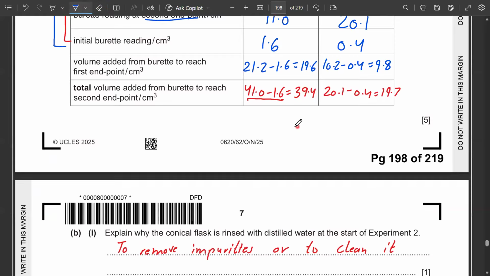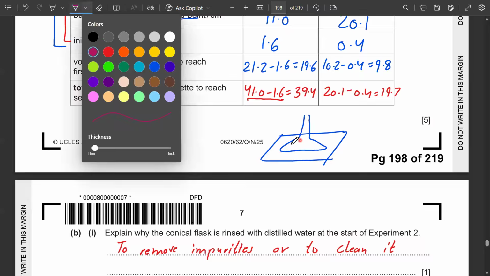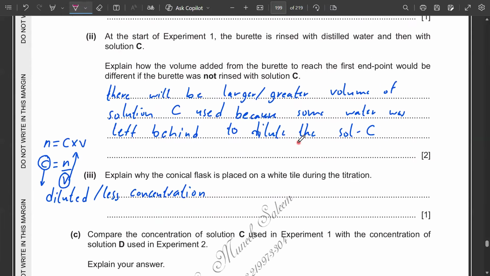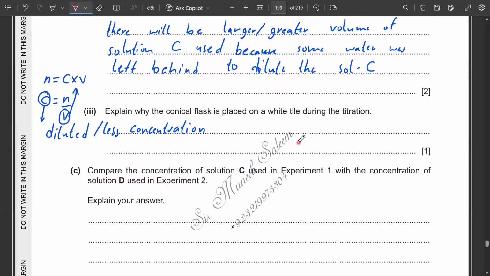If, let's suppose, this is a conical flask and it is placed on a white tile like this, any color change occurring inside the conical flask will be easily visible to the human eyes, since the color of the tile is white. So it is the best way to clearly see the color change.